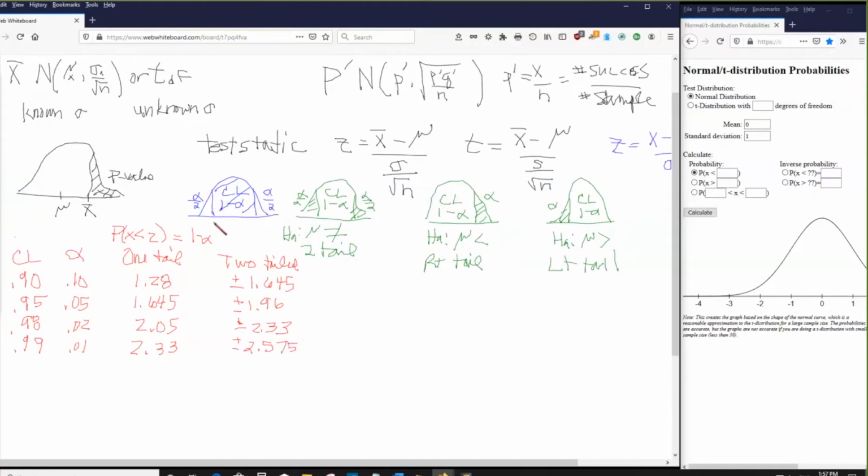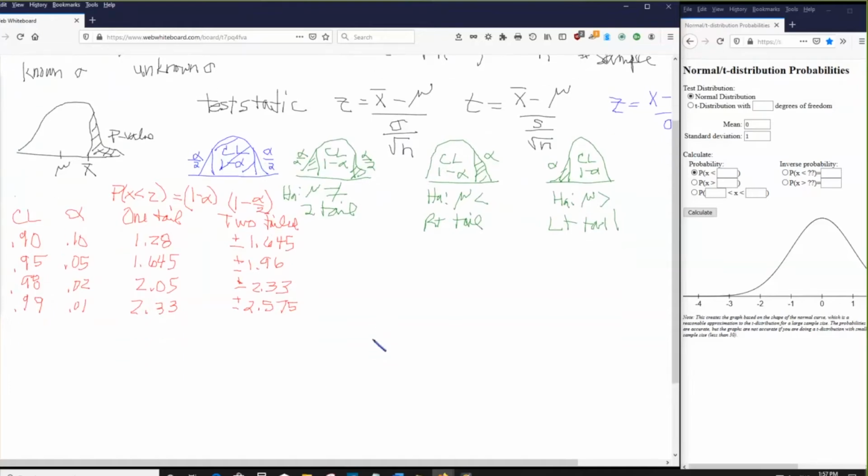And we're going to use 1 minus alpha over 2 when we're solving for z, because we're splitting that alpha onto two sides. If it's one-tailed, we're just going to use the whole alpha. And if it's two-tailed, you're going to split it. Okay?